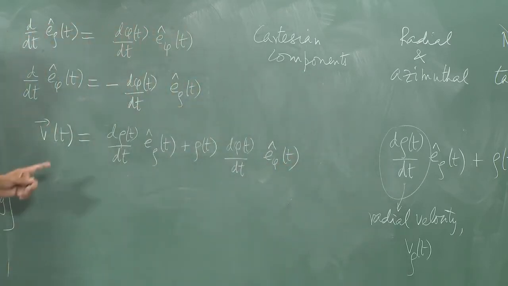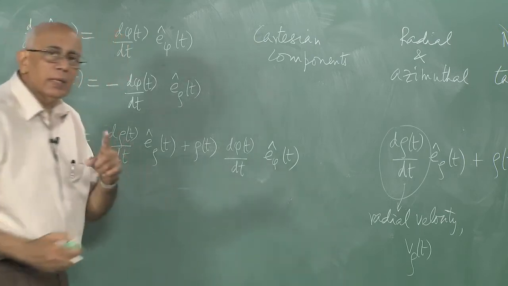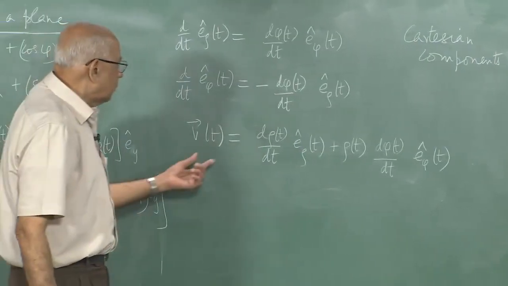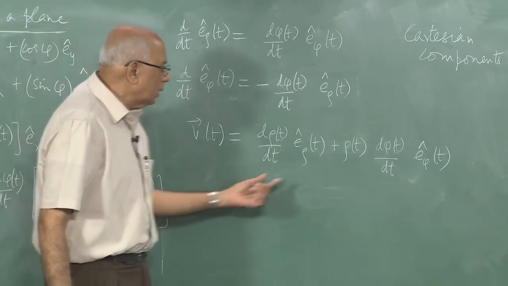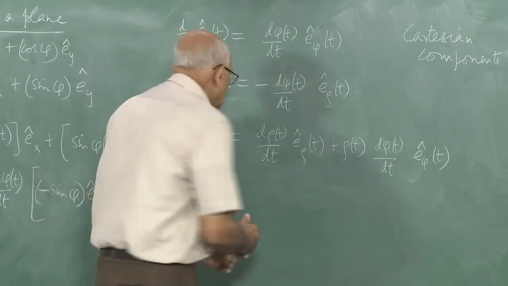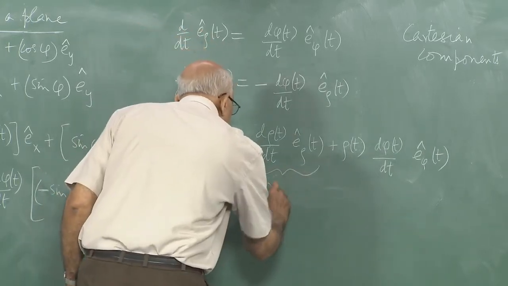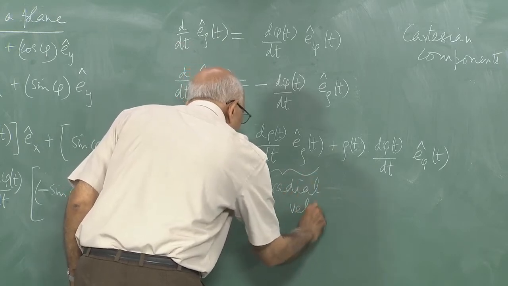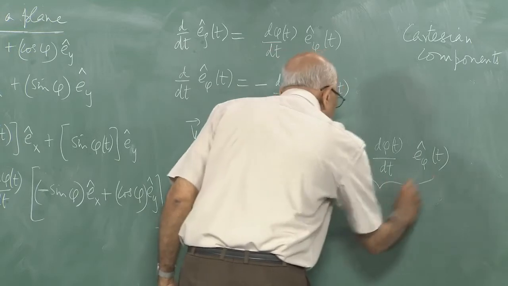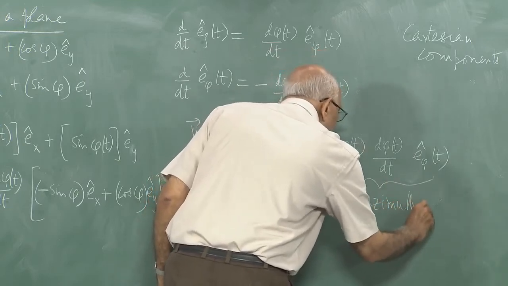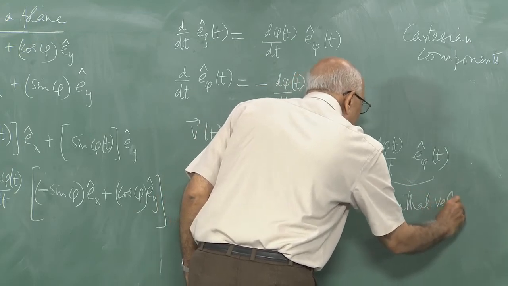So just as the original rho of t had only a radial component, E rho of t times rho, the velocity now has both a radial component as well as an azimuthal component. So this is the radial velocity and this is the azimuthal velocity.